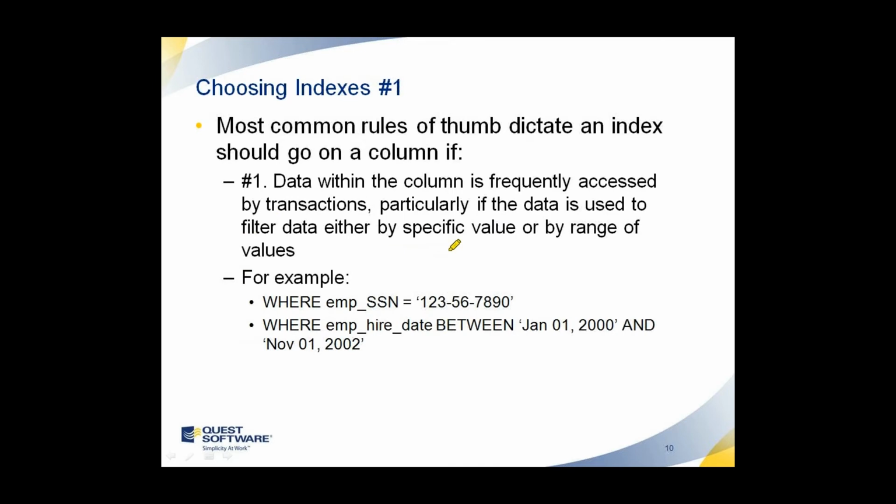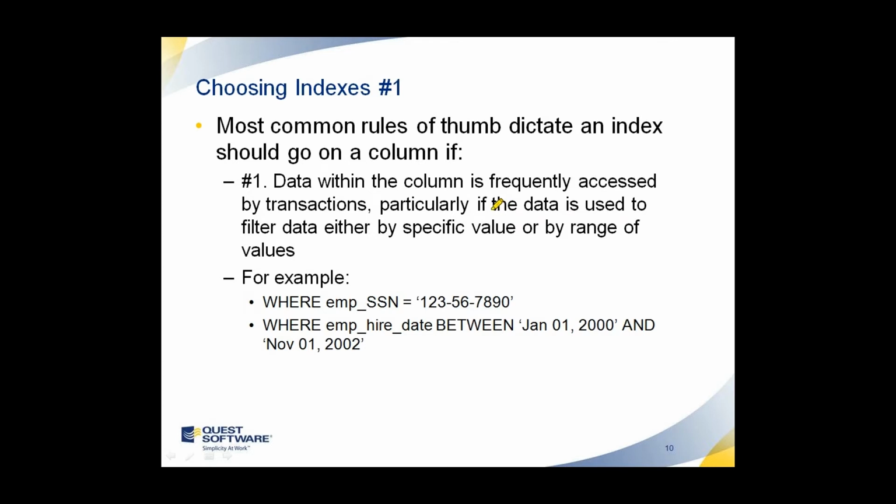Well, how do you choose which columns we are going to use in either clustered indexes or non-clustered indexes? There are a couple of rules to follow when creating indexes. The first one is frequency of access. So if you look for data in your database frequently based on a particular column or a combination of columns, and it's something you could filter in some way.